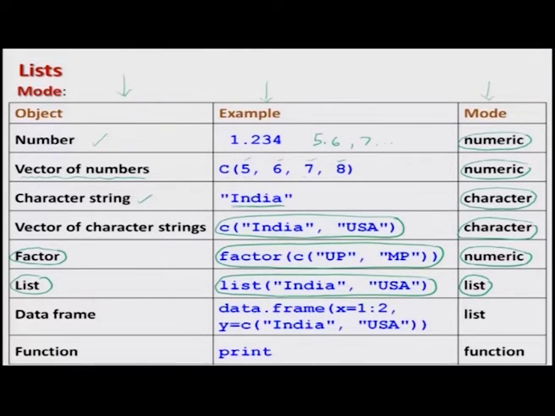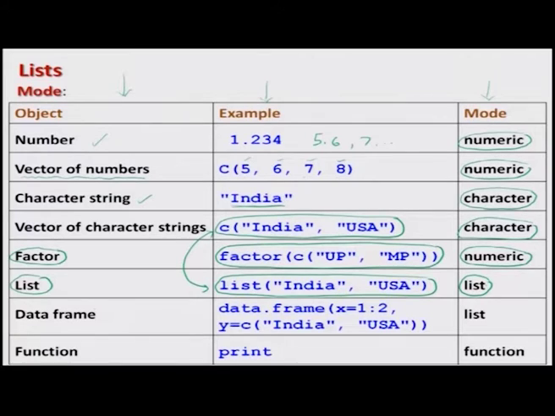At this moment, you may get a little confused about the difference between this and this. They seem to give us the same thing, but wait for some more slides and we will come to the discussion on list, and then it will be clearer what the difference is. What I am trying to tell you here is that whenever we create a list, the mode of the list is list.